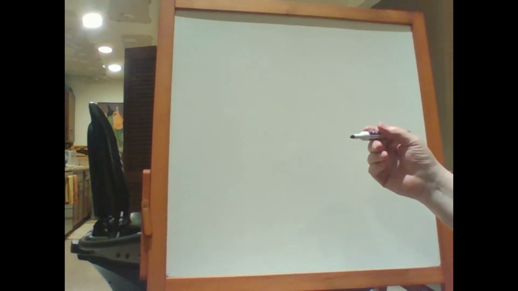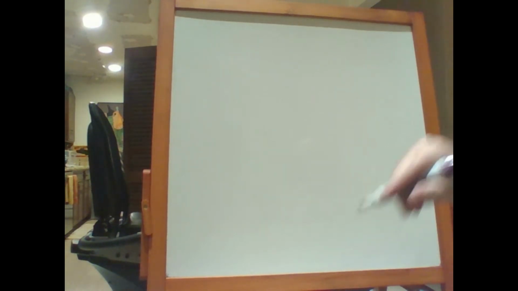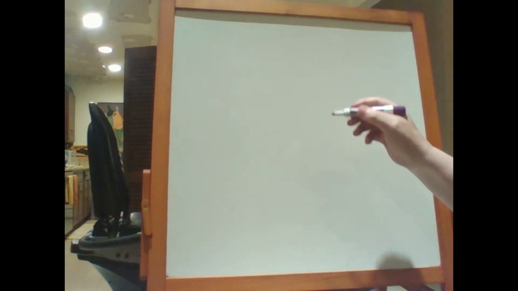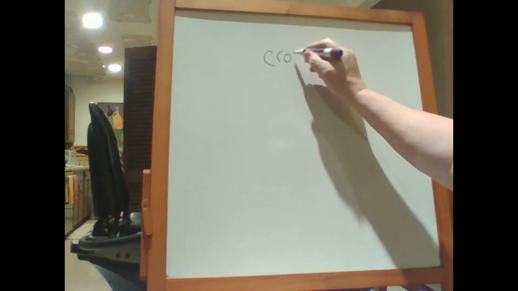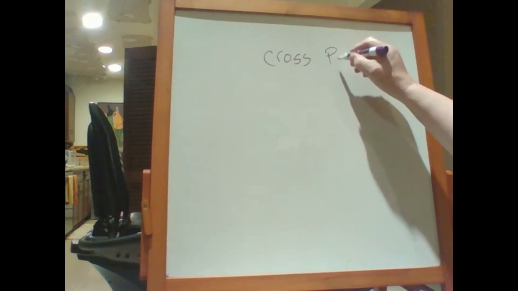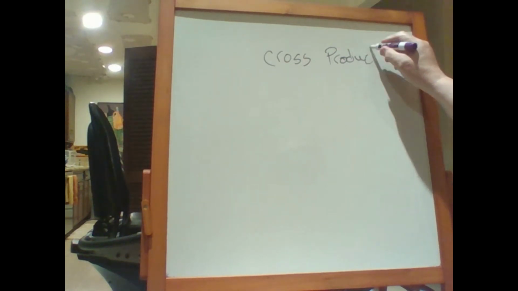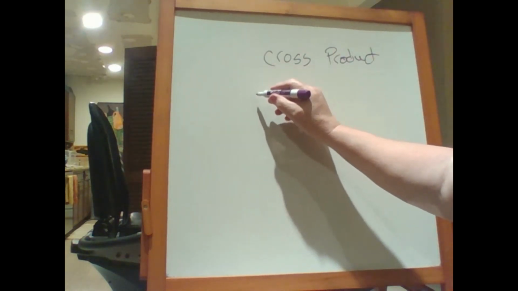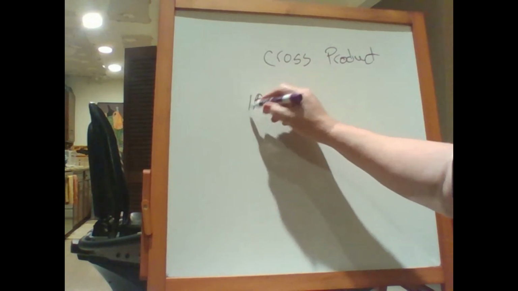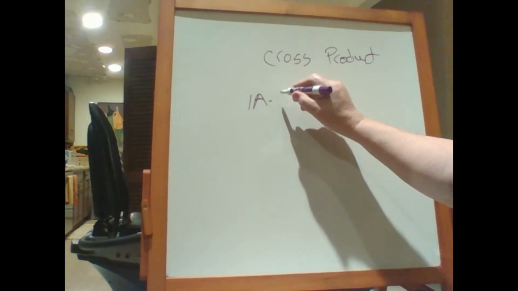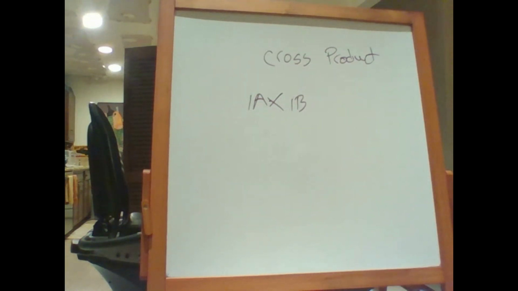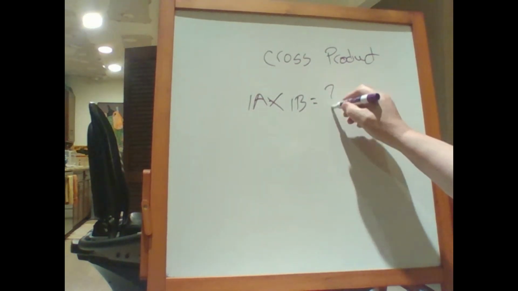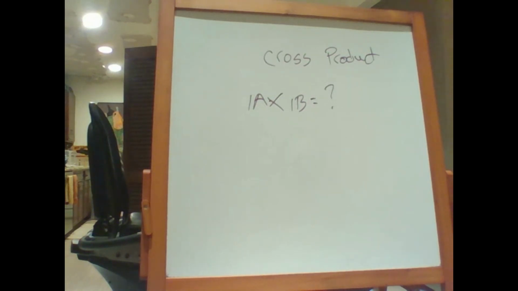The next thing that we're going to take a look at, we're going to call it quits at this time, is a cross product, and that's when you have A cross B, and that's what we deal with next time.